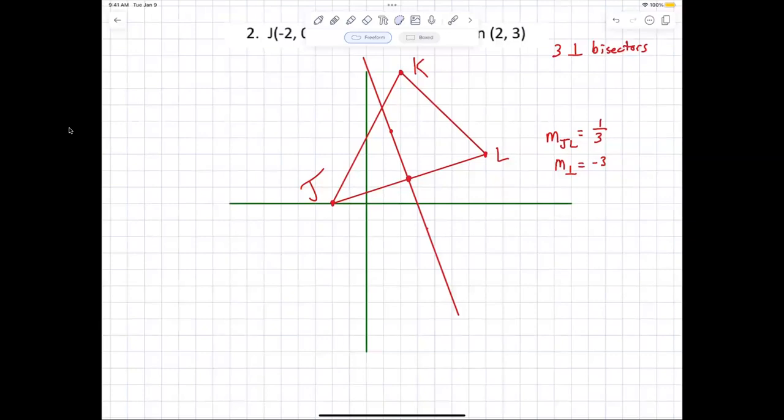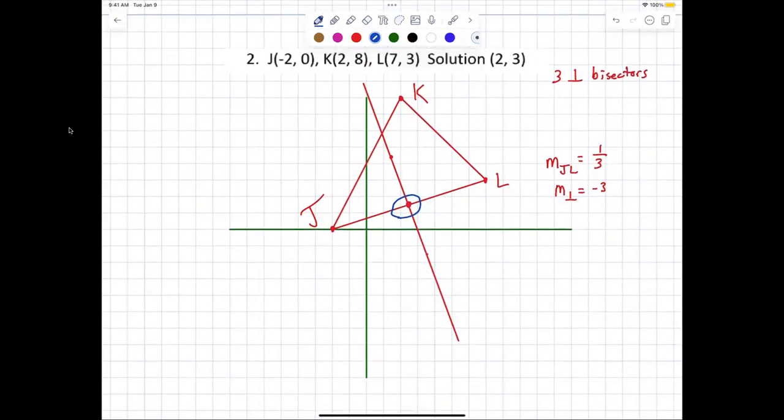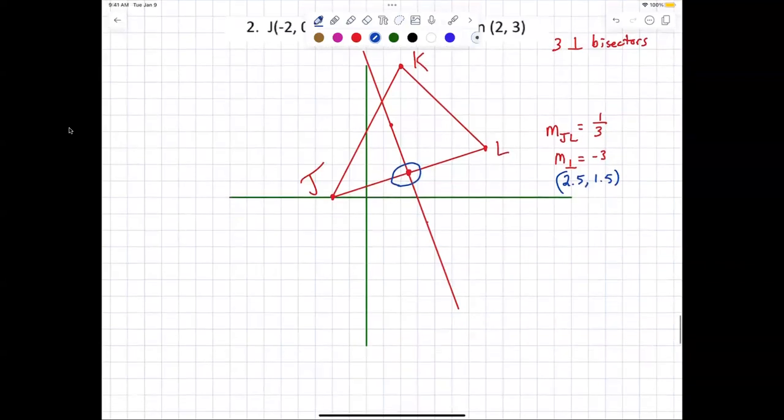Notice that the equation of that line passes through this point right here, which was the midpoint. What did we say the midpoint was? 2.5, 1.5. Now we know the equation of that line.